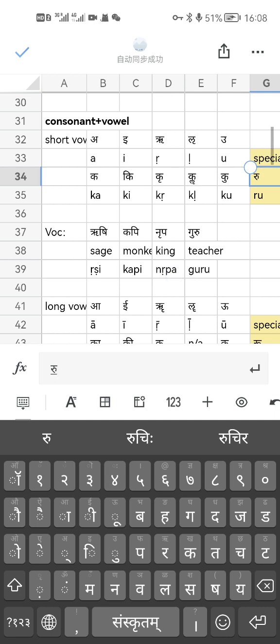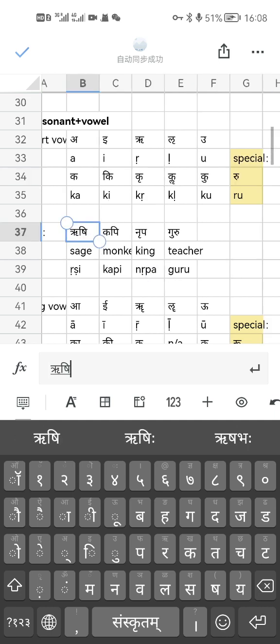Now we have several words as examples to see how those rules apply. The first word is rishi. Rishi means sage.